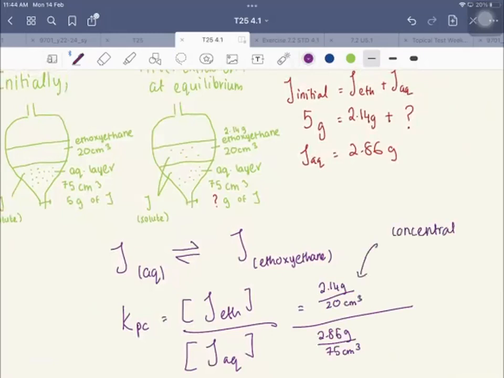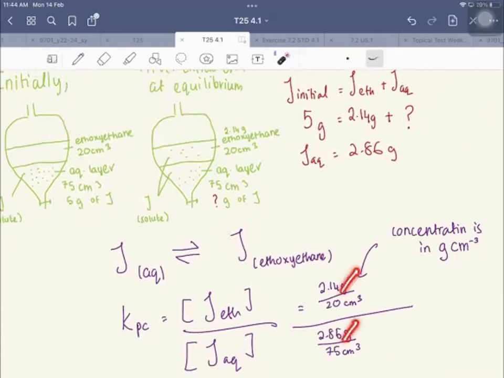Okay, where in this case, concentration is in grams per cm cube. Okay, you have seen concentrations in mole per dm cube, grams per dm cube, now in grams per cm cube. And why is it okay for us to not convert it? Because eventually they will cancel out.